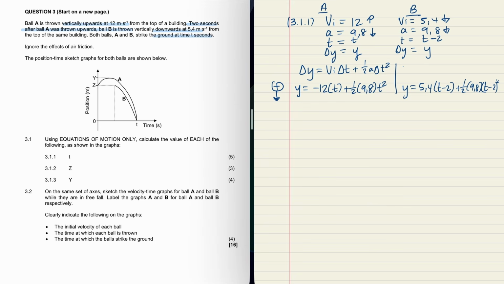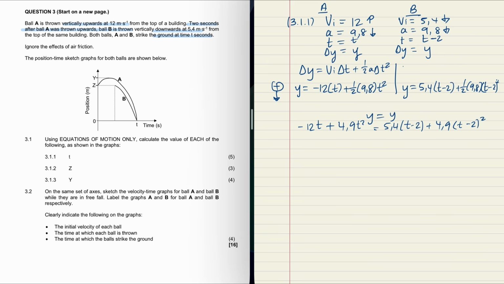squared. Now we know that both the balls drop from the same height, so we can equate the y values. So y equals y. So we're going to have minus 12t plus 4.9 t squared is going to equal, let's simplify a bit, 5.4 into t minus 2 plus 4.9 into t minus 2 all squared.